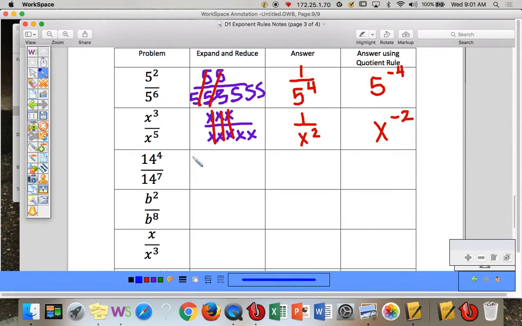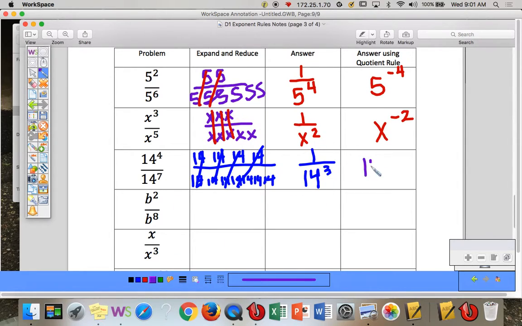If we have 14, we have 4 14s on the top and 7 of them on the bottom. 1, 2, 3, 4, 5, 6, 7. We cancel, and we have 3 14s on the bottom. But using the quotient rule, 4 minus 7, we get 14 to the negative 3.